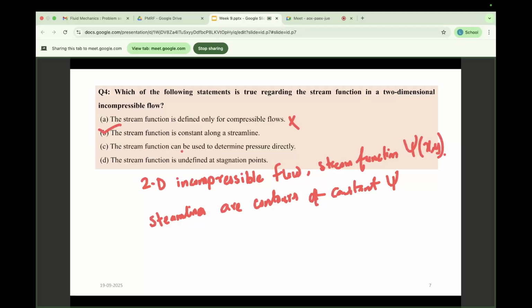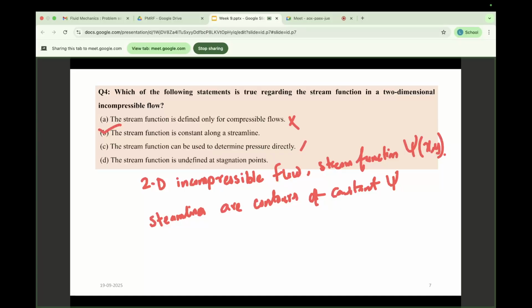Next, the stream function can be used to determine the pressure directly. So basically it does not give the pressure directly. What it gives us is a way to find the velocity components, and it is giving a particular constant value.